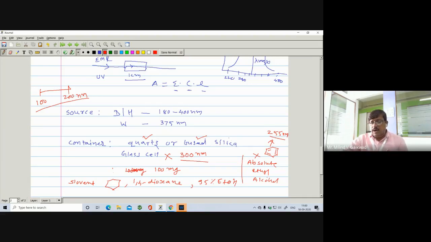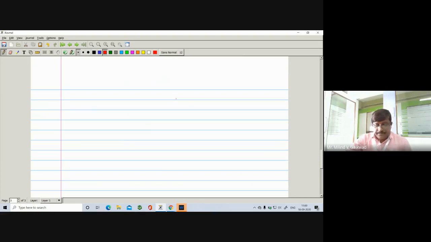We have also covered Lambert's Beer law. I think this is your Lambert's Beer law, and you should know the equation, right? Then if you see this ultraviolet, it undergoes electronic excitation. An organic compound contains three types of bonds: either sigma bonds, pi electrons, or non-bonding electrons.